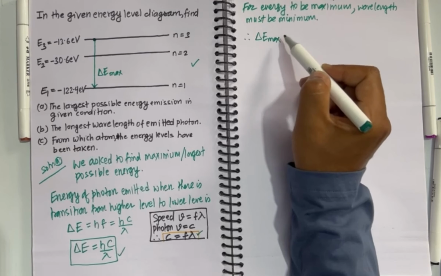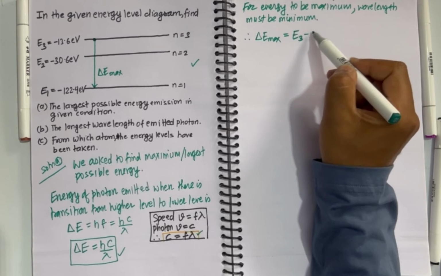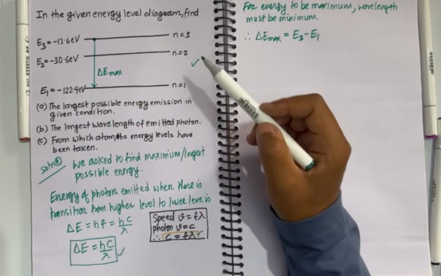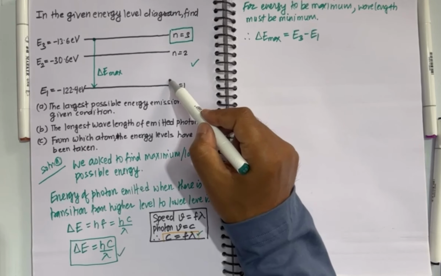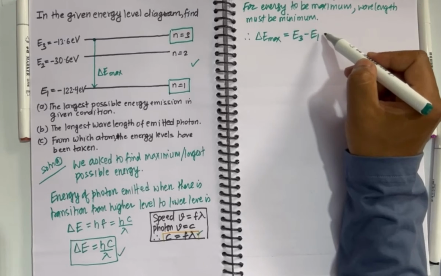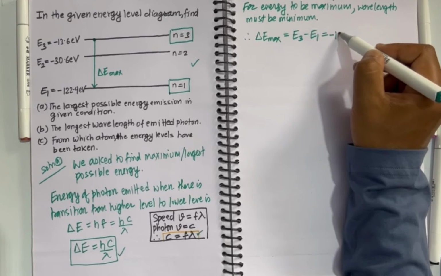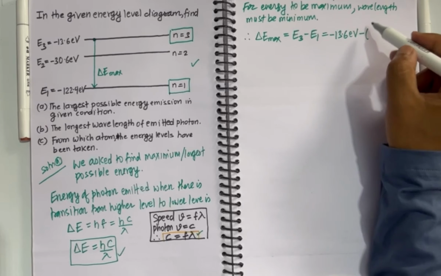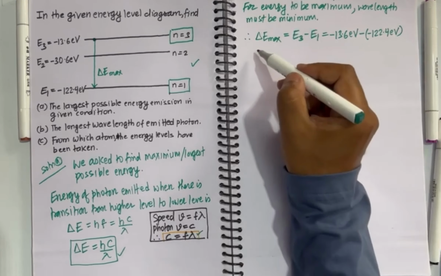Therefore we can write delta E max equals E3 minus E1, because we know the difference in energy corresponding to n equals 3 and n equals 1 is maximum. So let us put the value. E3 is minus 13.6 electron volt minus E1, which is minus 122.4 electron volt.